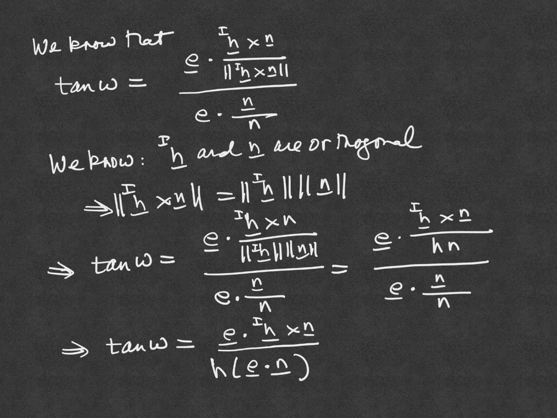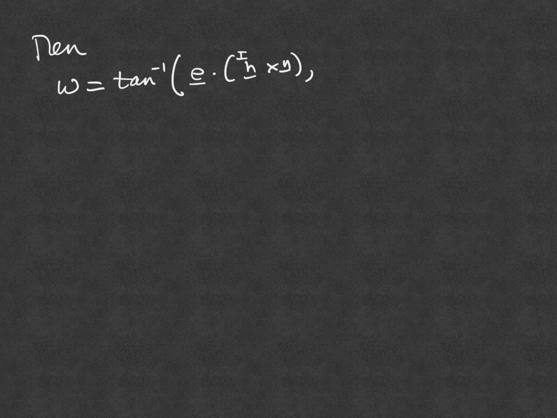So now I can use the tangent to compute the actual argument of the periapsis, which is the inverse tangent of this result. So the argument of periapsis is equal to the 4-quadrant inverse tangent of E dotted with h crossed with n, and in the second argument, h times E dotted with n.